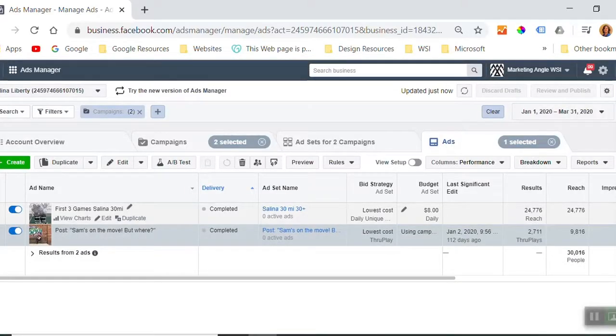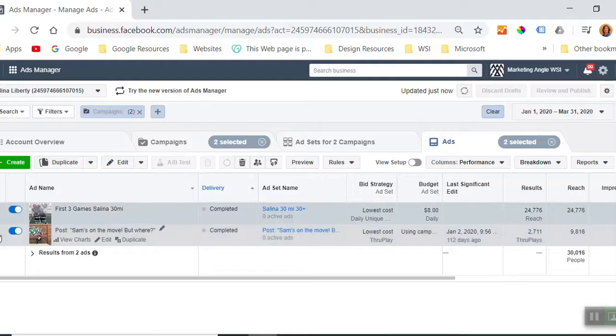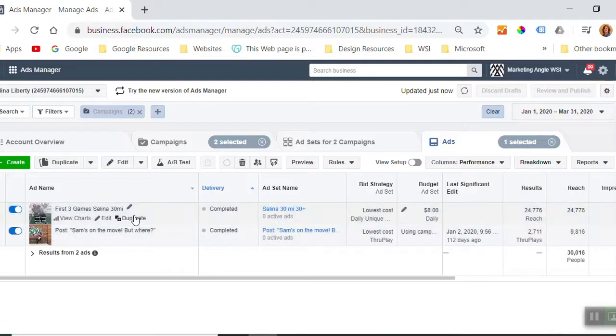The other one, which is the true ad, as I call it, was getting closer to the season. So at that point, I want to make people aware of the season or reach them and let them know about the season. So it's a little bit shorter type of an ad.